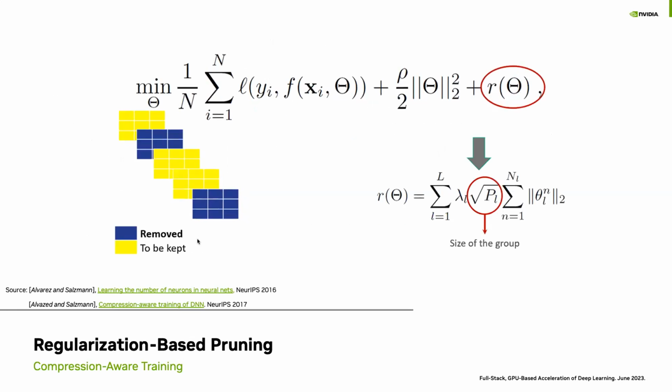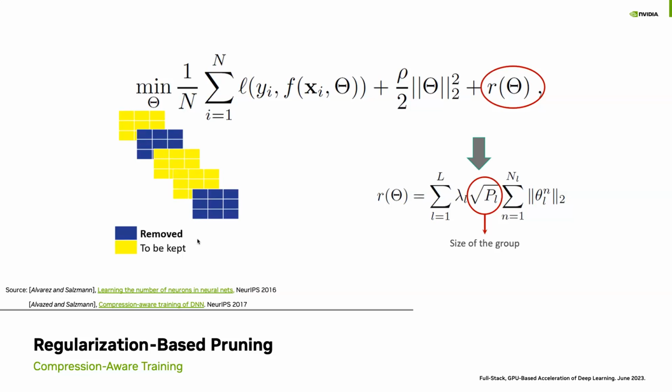But when we want to perform channel pruning, what we can do is add a regularization item to encourage group sparsity, where we put the parameters from the same channel in the same group, and then we can encourage them to be pushed towards 0 at the same time.